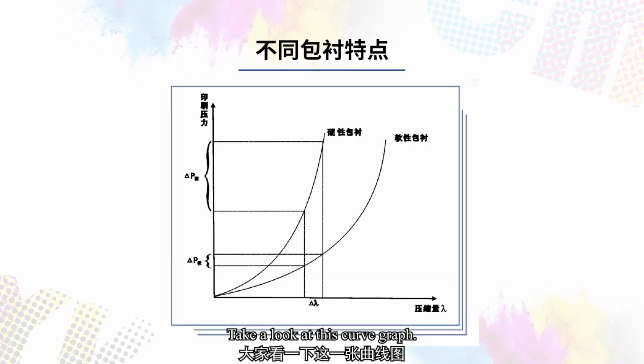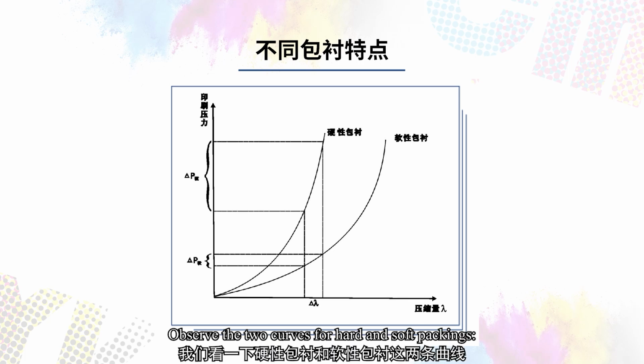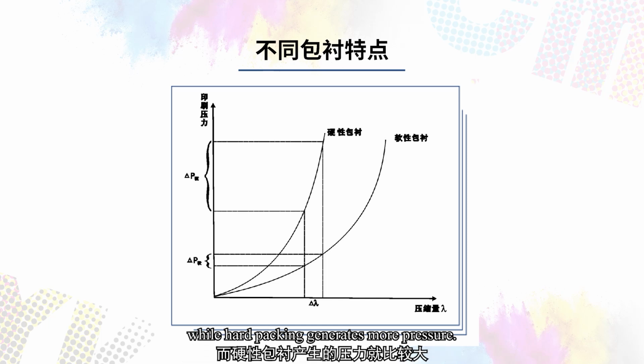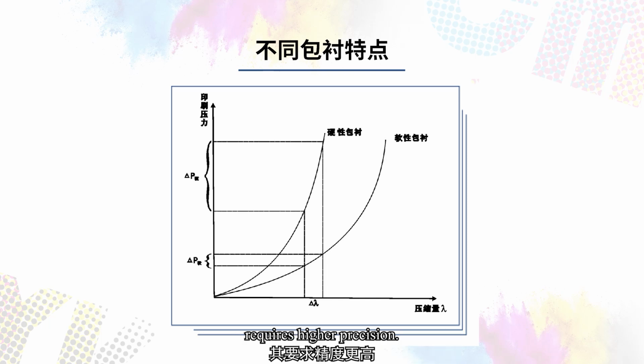Take a look at this curve graph. The horizontal axis represents the compression amount. Observe the two curves for hard and soft packings. At the same compression amount, soft packing generates less pressure, while hard packing generates more pressure. Therefore, printing equipment using hard packing requires higher precision.